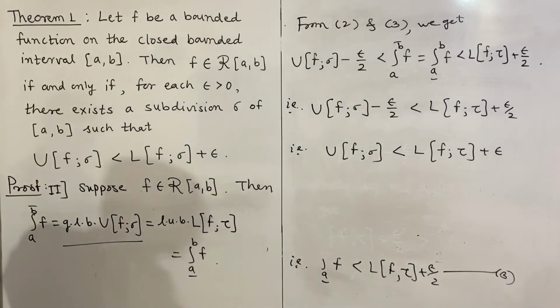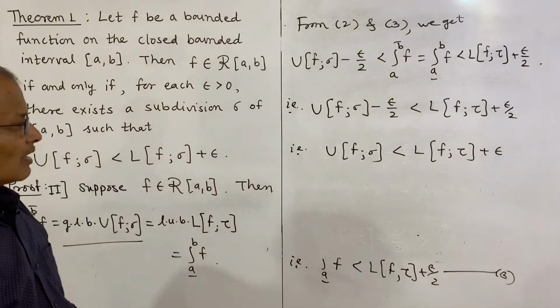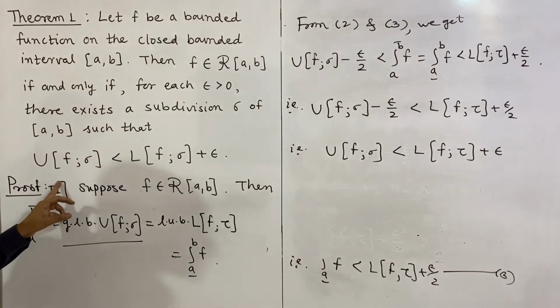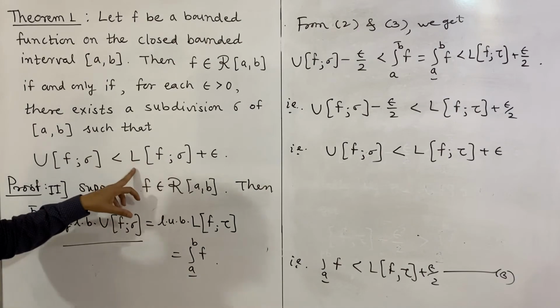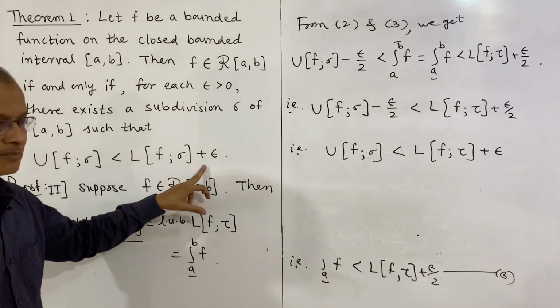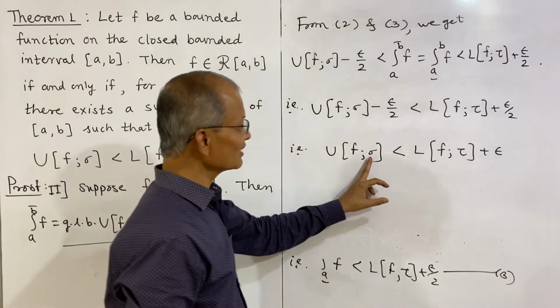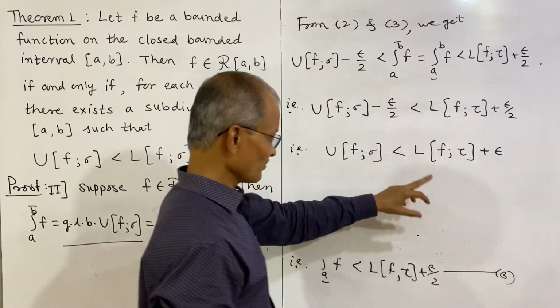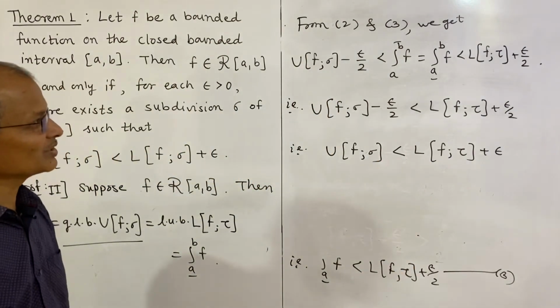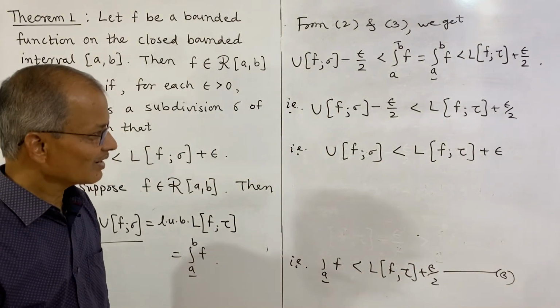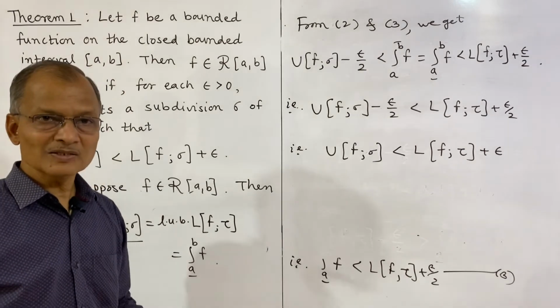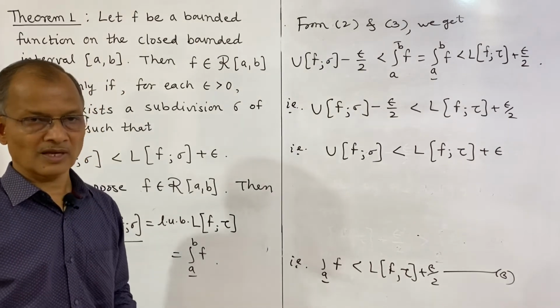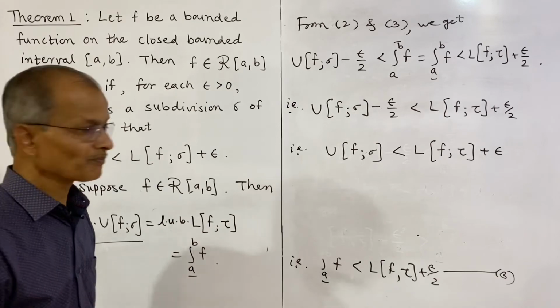So thus we have obtained this relation. Now what we require is the upper sum of f on sigma is less than lower sum of f on sigma plus epsilon, and here we have considered the subdivision sigma and tau. For the second relation we have considered the subdivision tau, but we can consider a refinement of both these as sigma union tau.